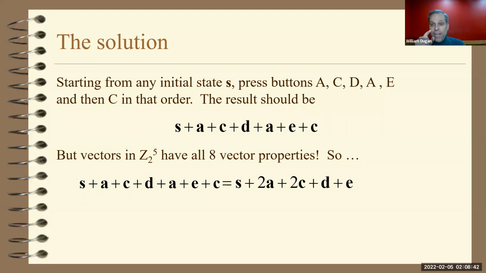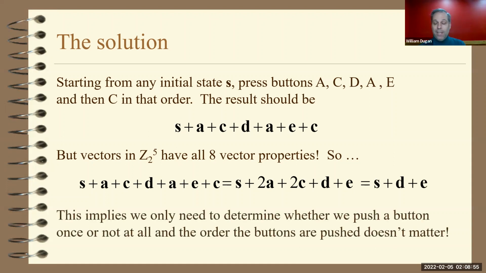So 2 times a is actually the 0 vector. 2 times c is actually the 0 vector. And then you could just recollect terms this way. This particular equation tells you 2 things. One is that you only have to push a button once. If you ever push a button twice, you're just undoing what you did earlier with that button.